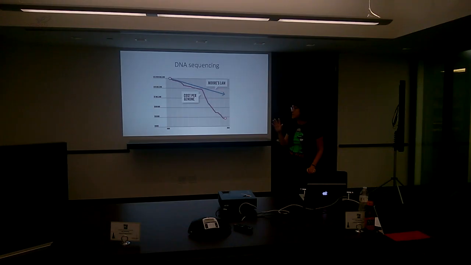Now we have something slightly better, and there are new methodologies coming as well, which will probably allow even people who don't know anything about the machines to sequence a genome just on their bench. So it's a change of technique, a change of methodology.